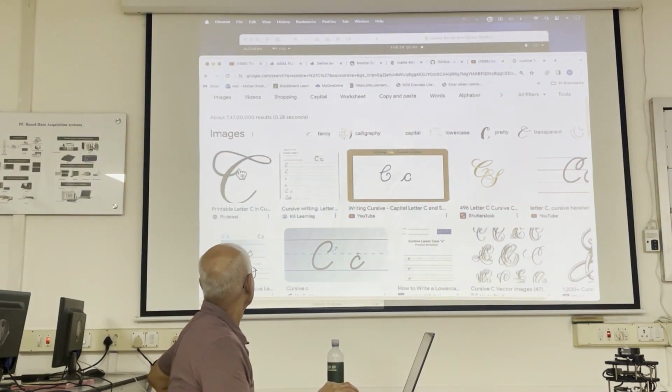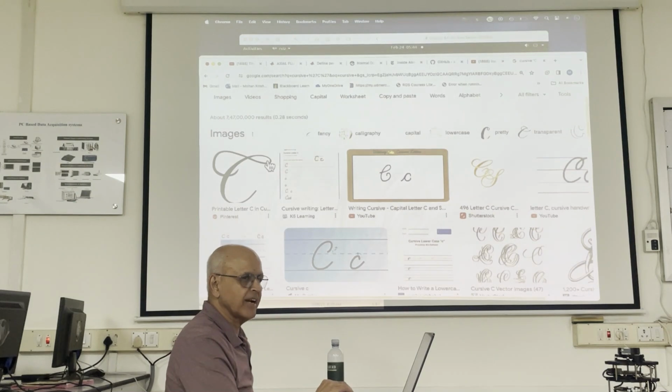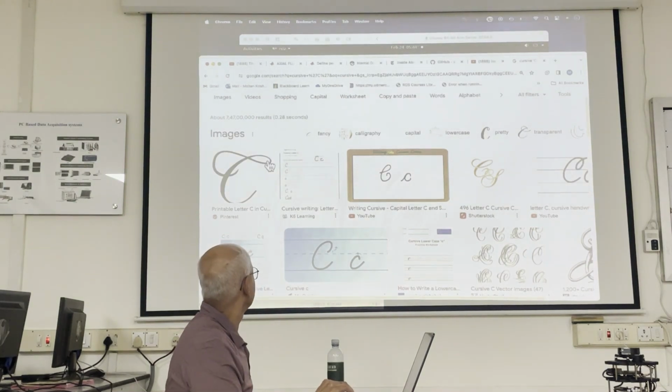I'll give you an example. Maybe I go half a circle this way, then I go straight. Or maybe a circle with a very large radius. Then I do another circle, then maybe another big semicircle.